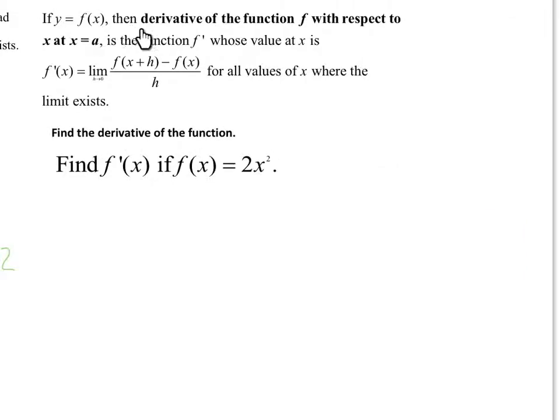If y equals f of x, then the derivative of a function f with respect to x at x equals a. So we're using this again. It says find the derivative of the function, f prime of x.